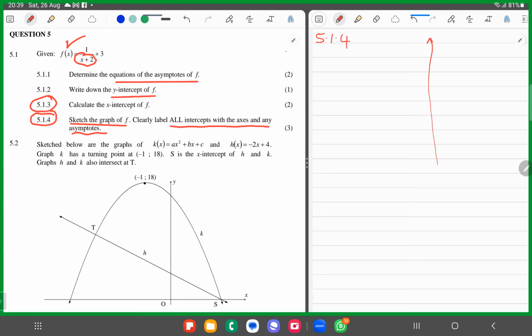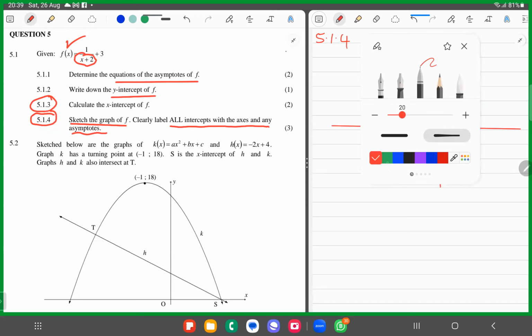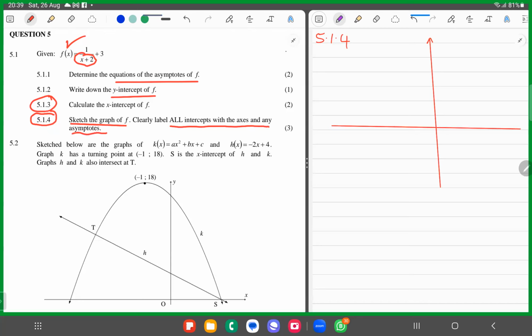So here is the vertical axis, and here is the horizontal axis. And then we're going to proceed to sketch. We have the vertical asymptote through minus 2.